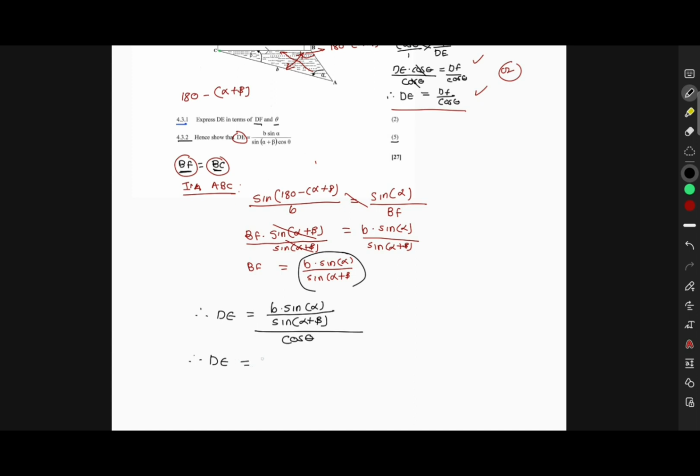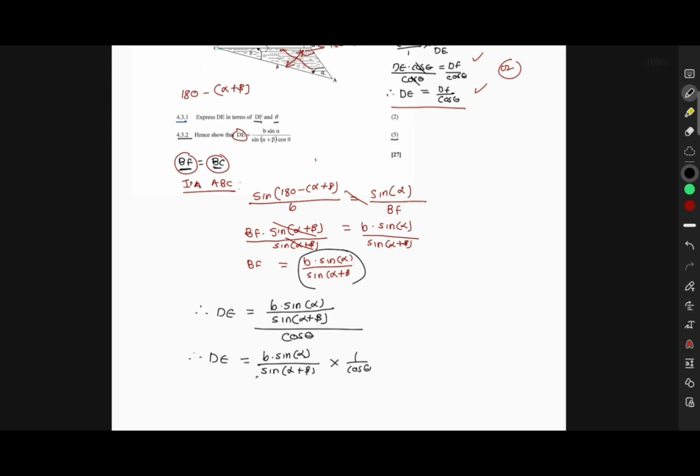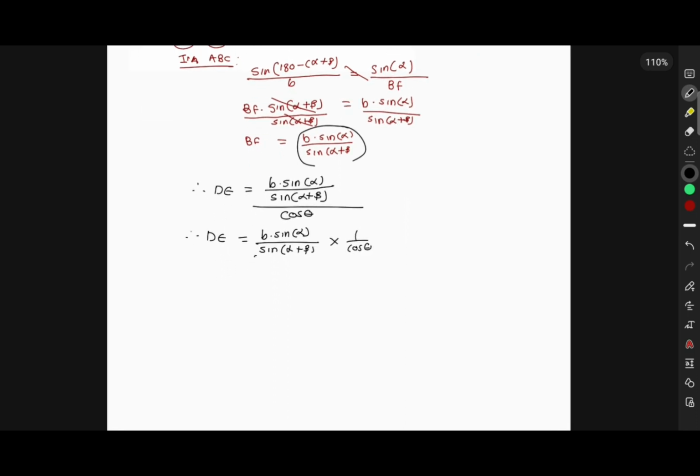Then I just simplify. It's the same as b multiplied by sine of alpha, everything divided by sine of alpha plus beta, then multiplied by 1 over cos theta. I hope you will agree with me here, colleagues, that this is the same as this. So finally this is going to be b sine alpha divided by sine of alpha plus beta multiplied by cos theta.